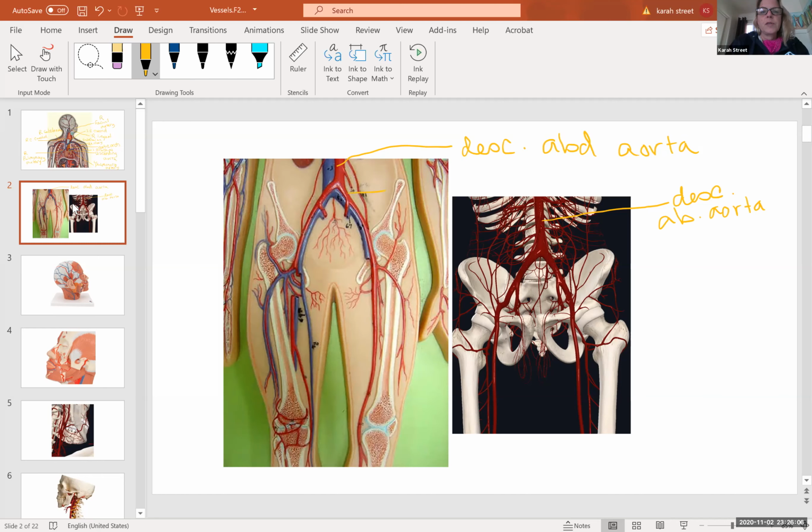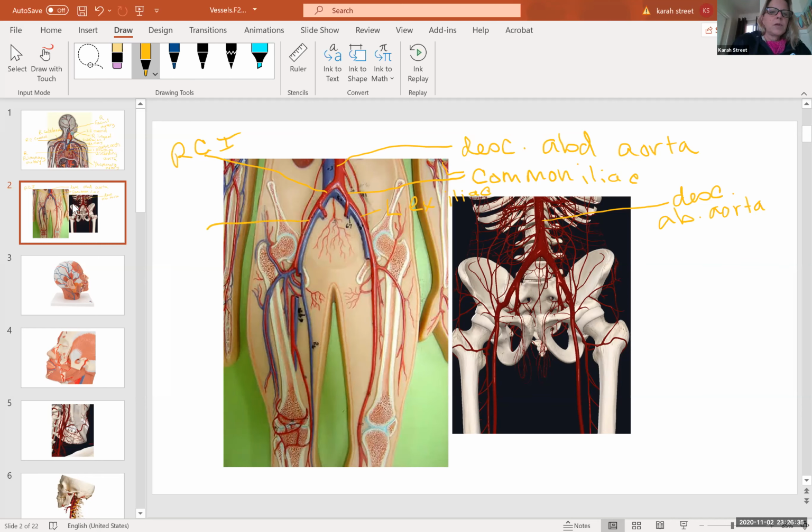It branches into the common iliac. And clearly on that side, it would be the left. And then I'm just going to abbreviate over here, the right common iliac. And then as we saw with the veins, we're going to have the left external iliac.